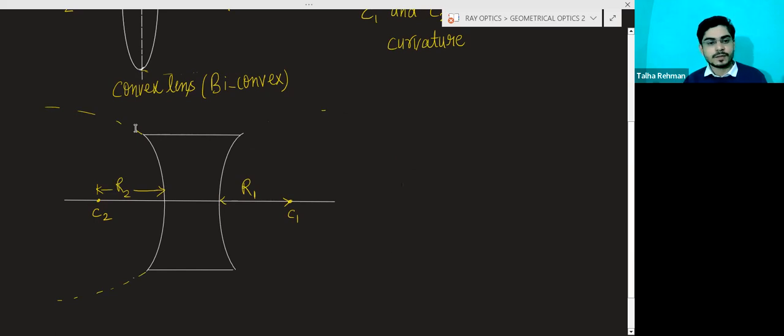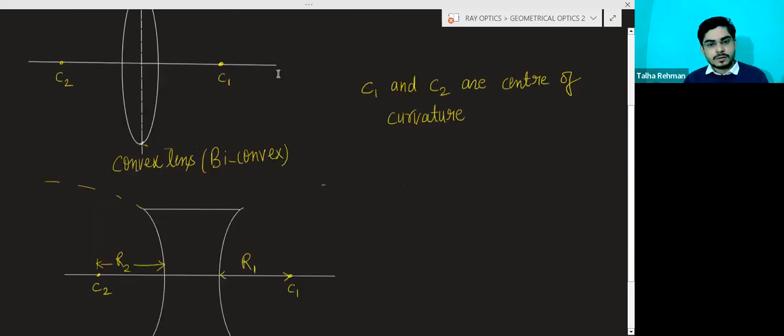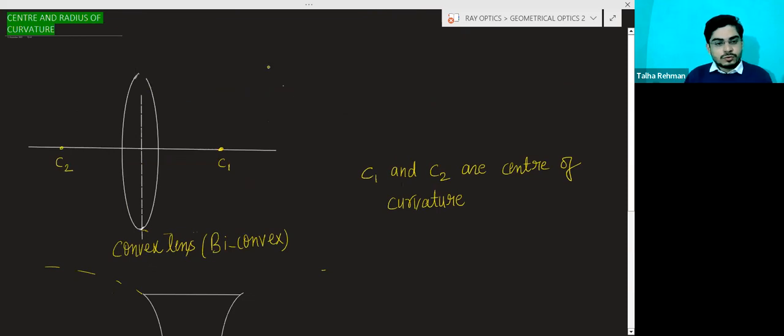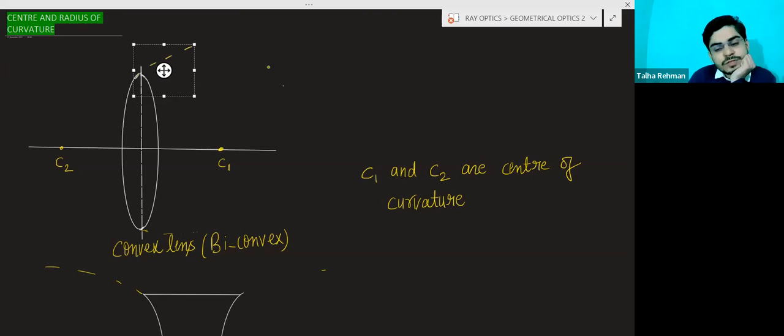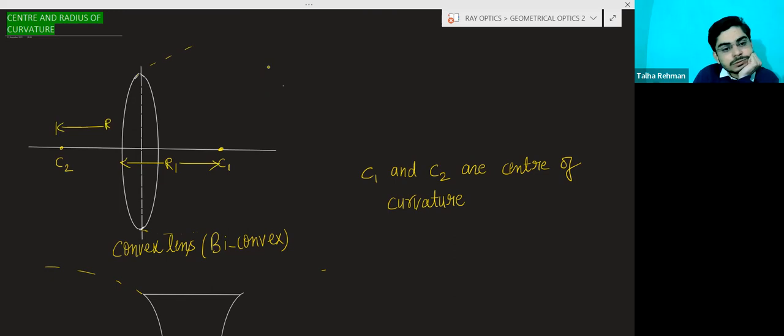The first radius of curvature is this, R1, and another is this, R2. Try to understand what I want to say.